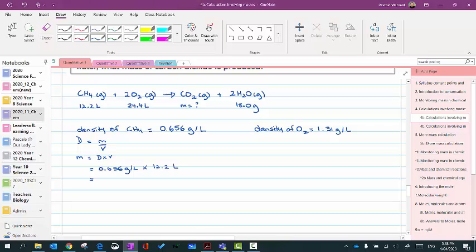I don't need to change the units this time, they're both in liters. Okay, so that works out to be 8 grams. I do the same thing for oxygen. The mass is going to be density times volume. So that's going to be 1.31 grams per litre times 24.4 litres. And that works out to be 32 grams.